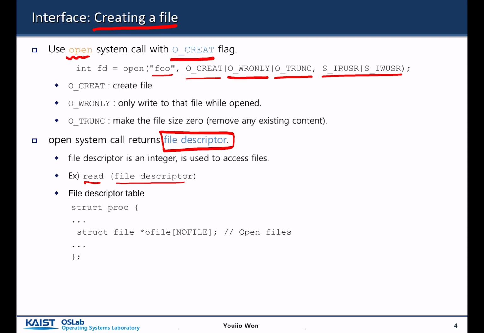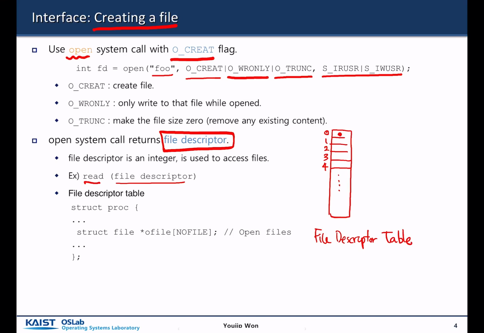Each process has an array of integers that is called the file descriptor table. A file descriptor is an index in this table. So this is 0, 1, 2, 3, 4, and so forth.